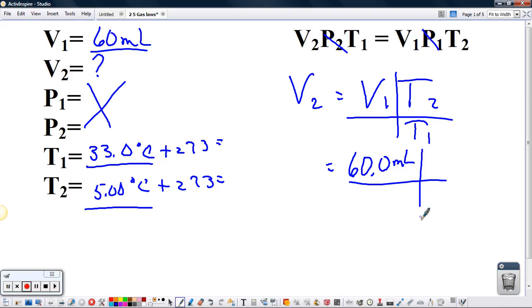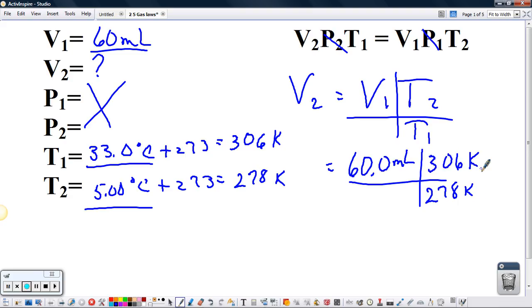T2 is going to be 278 K, and T1 is going to be 603, correct? 306. All right, so my T1 is going on the bottom, so it is 278 K. My T2 is going on the top, 306 K.